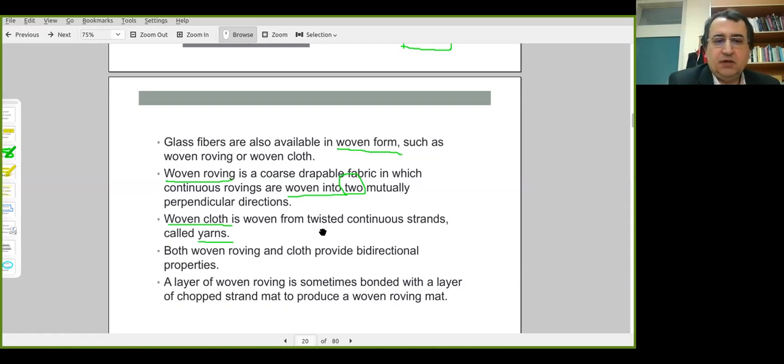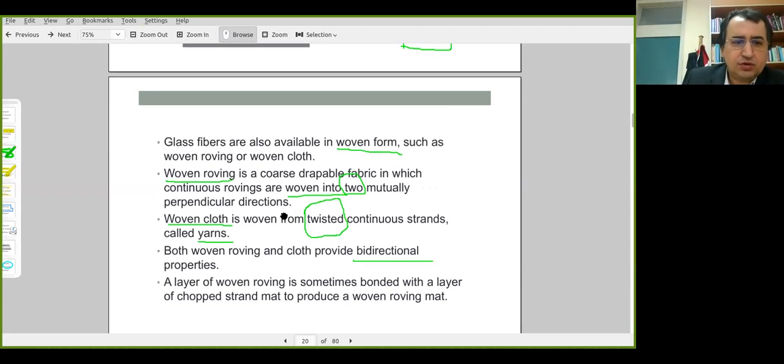And what's the difference between a yarn and a strand? Yarn is the twisted form. These are twisted fibers. Now, these two are 2D reinforcements. The reinforcement possesses bidirectional properties.